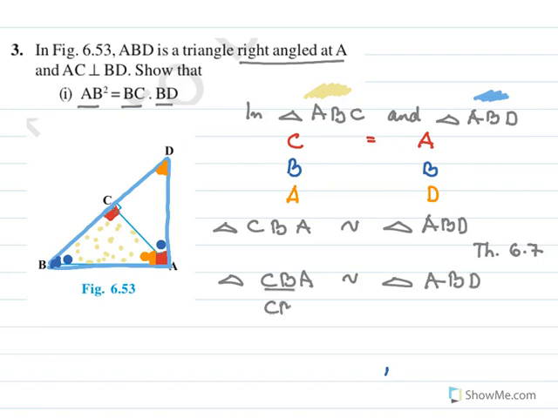Now we write the sides. So CB over AB will be equal to BA over BD, and then will be equal to CA over AD.